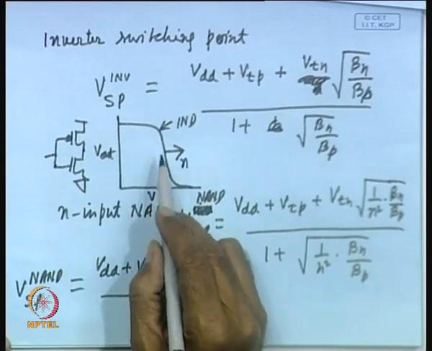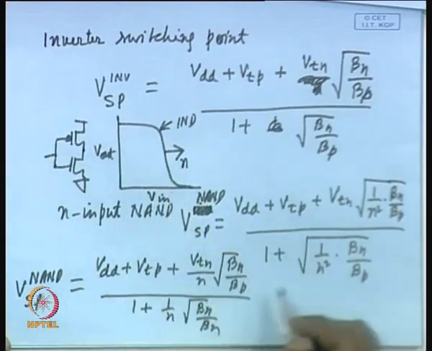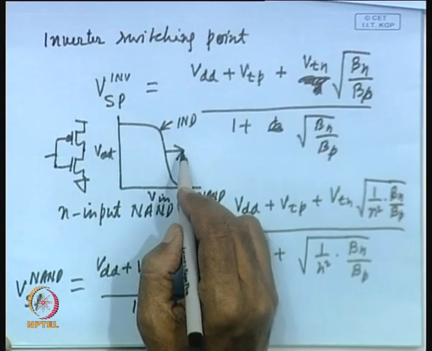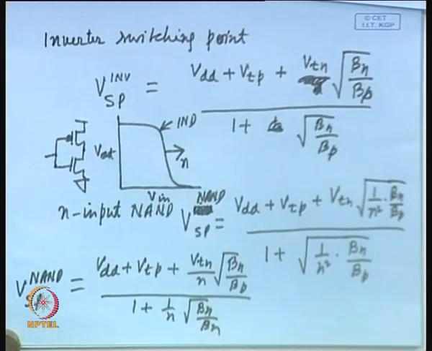Later on we shall see how much it is increased for different values of n, but for the time being we can say that for a NAND gate, the switching point moves toward VDD. Whatever is the inverter switching point, from that, the NAND gate switching point will move towards right.